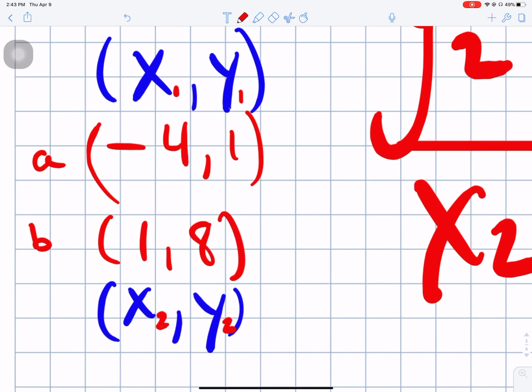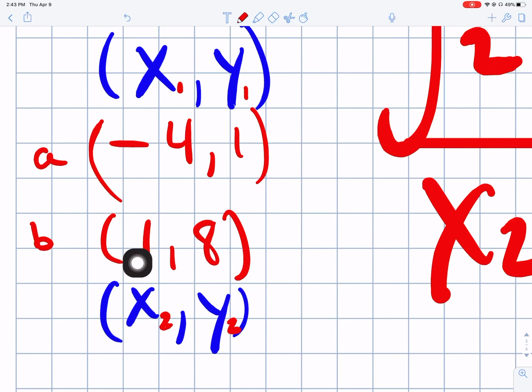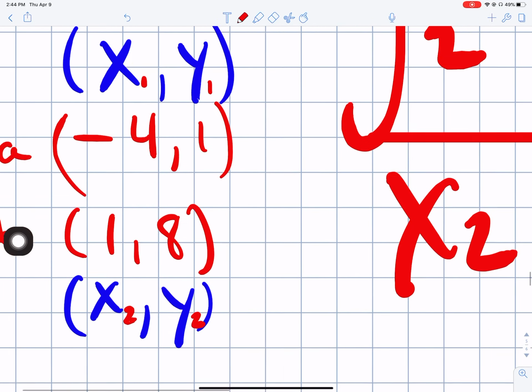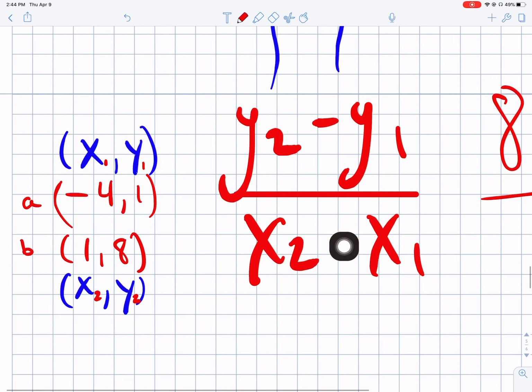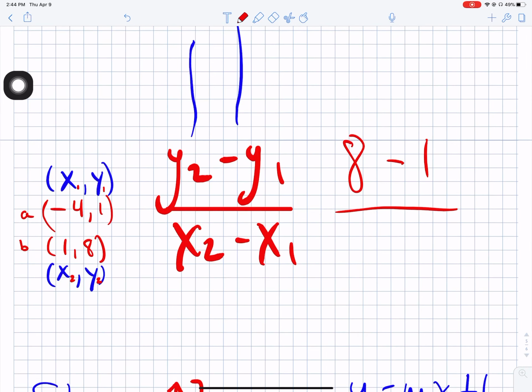The bottom number is going to be 1, and then you're going to minus a -4. So the only way I've seen kids do this wrong is they just do this. Notice the -4, because this says -4, but you have to be careful because there's a negative in between.